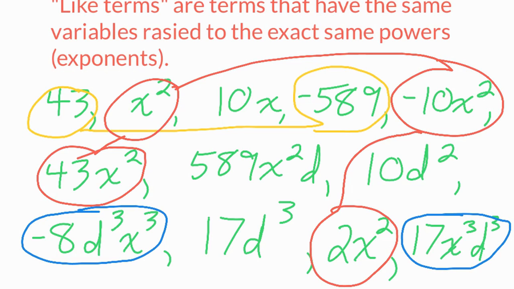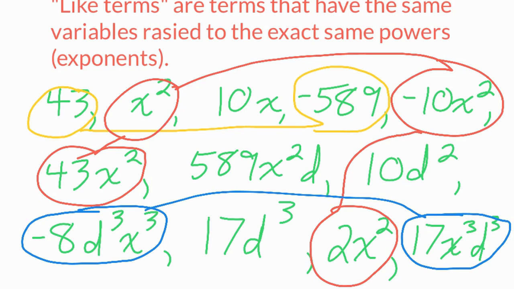Alright, and so I believe that's it. Now you might have noticed that in this expression, in this term, the d came before the x, whereas in this term the x came before the d.